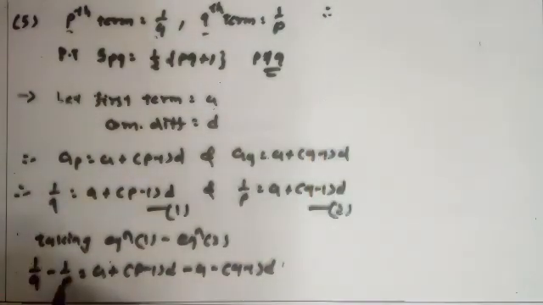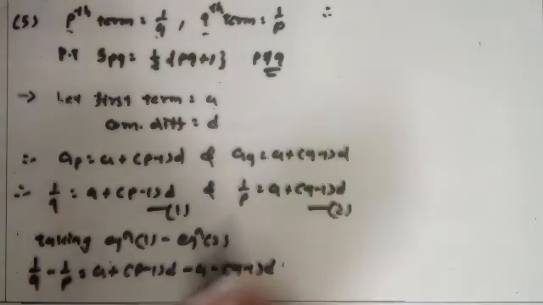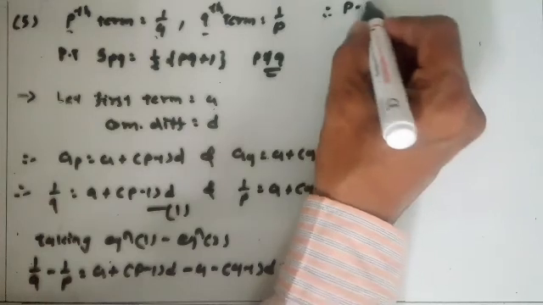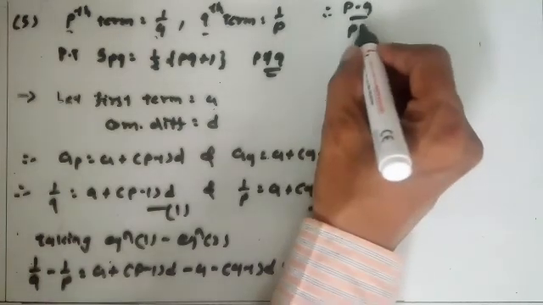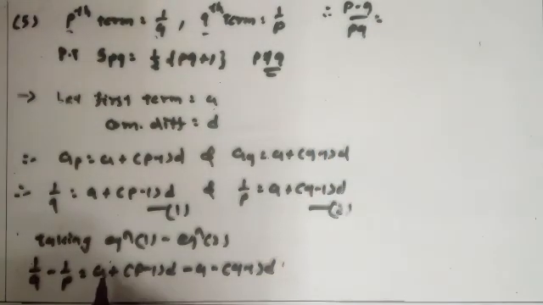Therefore here PQ take LCM, so we get P minus Q upon PQ is equal to plus A minus A cancel.